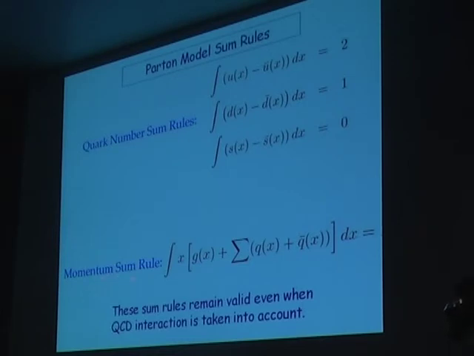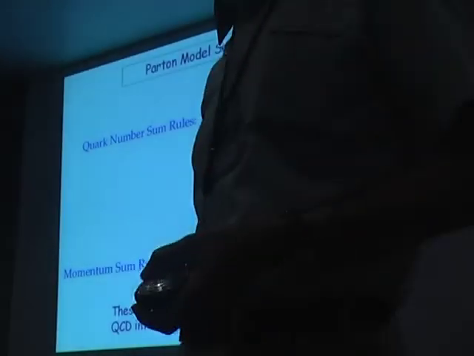And then the momentum sum rule, which says the sum over the gluon momentum fraction and all the quark and anti-quark should be equal to 1 here, which is missing. These are all in the context of the simple parton model.